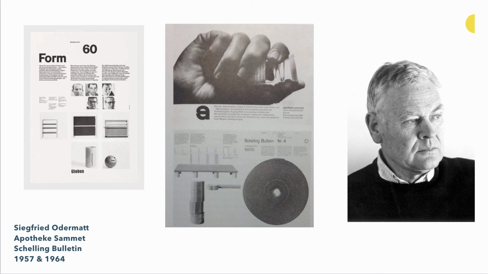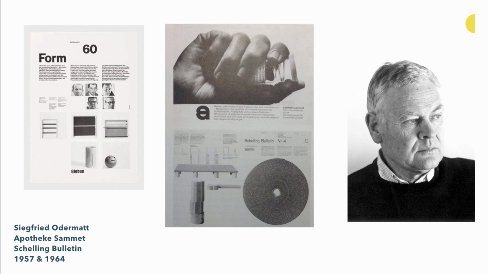Also in Zurich, Siegfried Odermatt and his partner Rosemarie Tissi loosened the boundaries of the ITS and introduced elements of chance and intuitive visual organization into the vocabulary of graphic design. Odermatt, a self-taught designer, applied the ITS to the communications of business and industry.